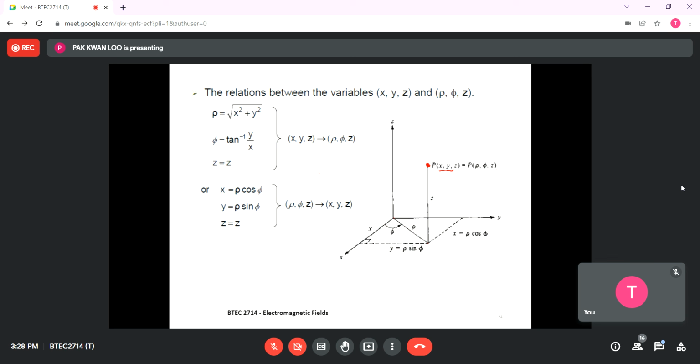So the relation can be easily seen that rho is the square root of x squared plus y squared, and phi is basically arctangent of y divided by x, and z is equal to z. Okay, so this is the relation between rho, phi, z and x, y, z.